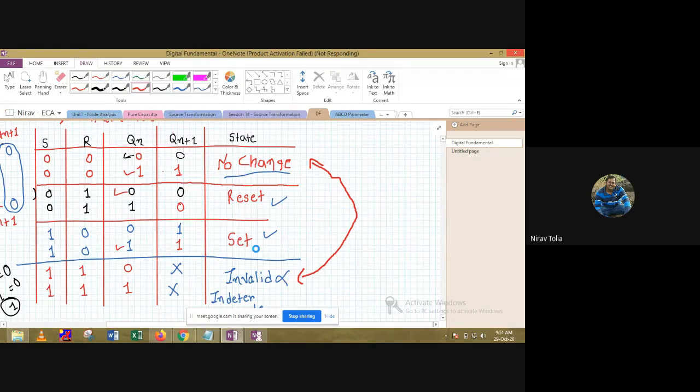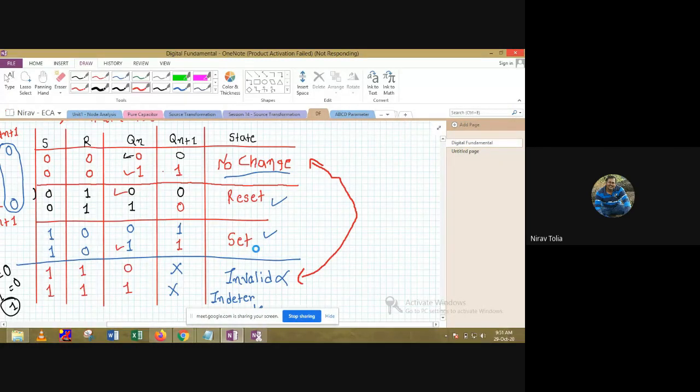Suppose I am using the NOR gate and my reset is 1, or you can say R is 1. When my R is 1, my state is reset, and when my S is 1 and R is 0, my state is set.